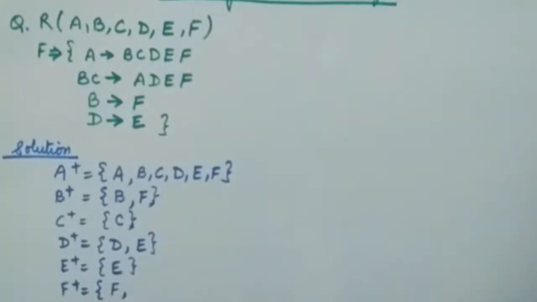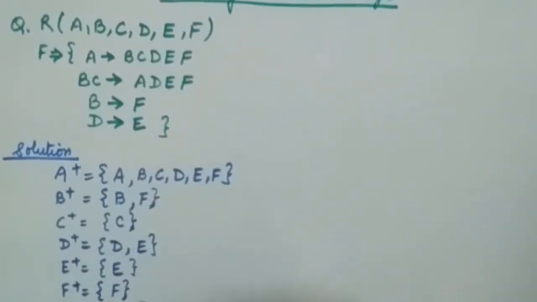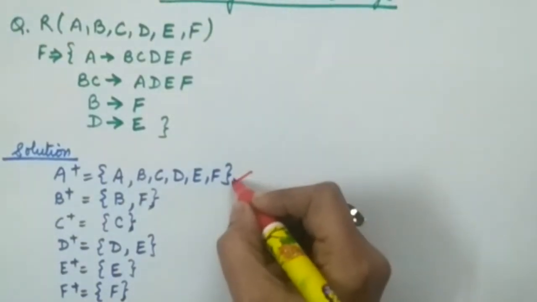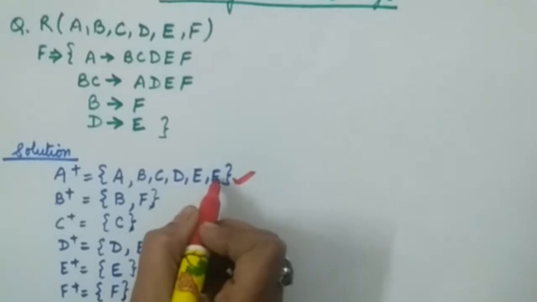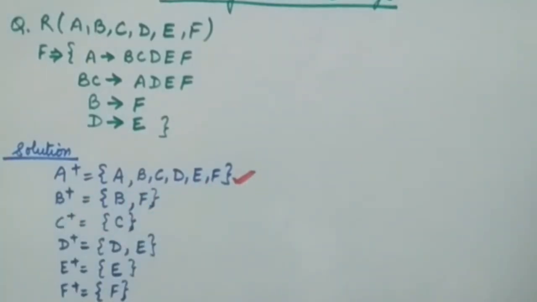F is not present on the left hand side. So this also ends here. Thus, there is only one closure which contains all the attributes. We consider that attribute as a candidate key which contains all the attributes. So closure A contains all the attributes A, B, C, D, E, F. So A is the candidate key.